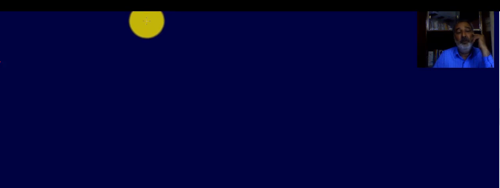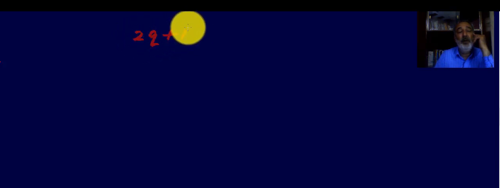There is a possibility that you have to expand squares, depending on the formulae studied in 8th or 9th class. How to expand squares? Suppose in one question the form was 2q plus 1, and I have to find out the square.